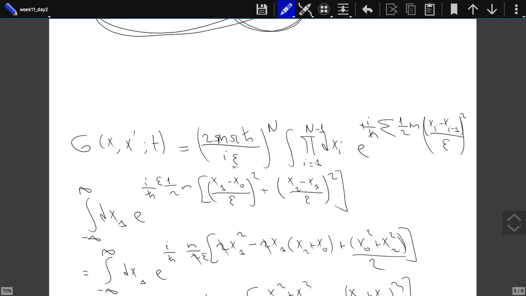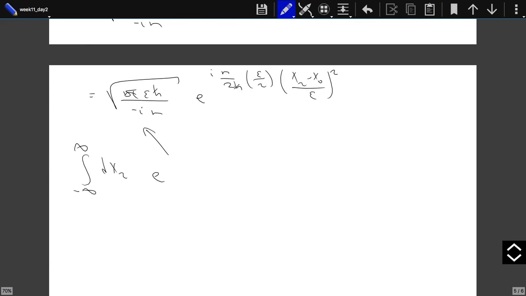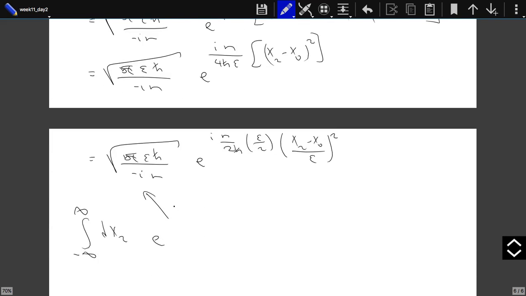So we have to keep it as it is. We call i over h bar epsilon m over 2 x3 minus x2 over epsilon squared. This is a term which contains x2. There is also x2 minus x1 squared term, but that term after integrating over x1 just turned out to be this term. So let's also add that one.